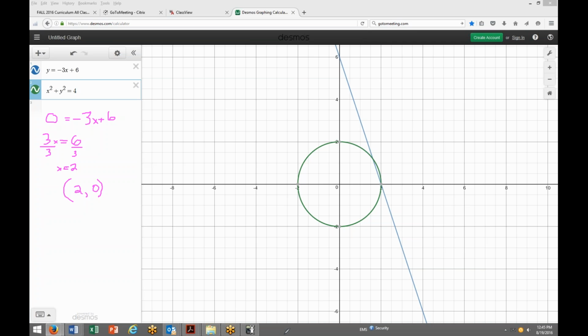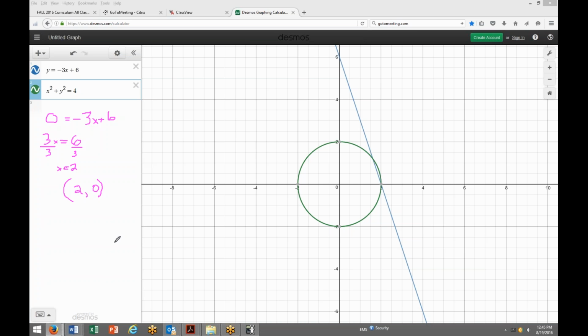And the equation for the y-axis is just x equals 0, confirming that the x-coordinate of every single point on the y-axis is 0. So again, we found the x-intercept point of this first equation by plugging in 0 for y and solving for x, and then writing it in the ordered pair format.